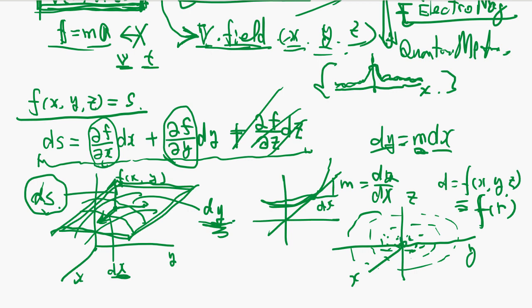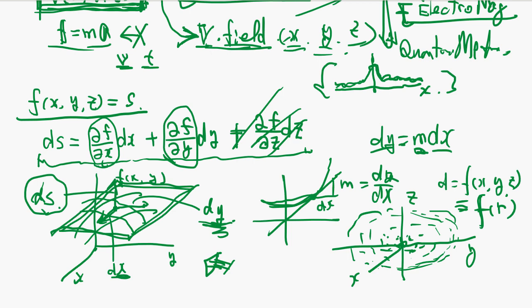Okay, so it's very hard to depict the situation for 3D, so we use 2D, this example, to get the idea what this means. Okay, so this is the multivariable differentiation.